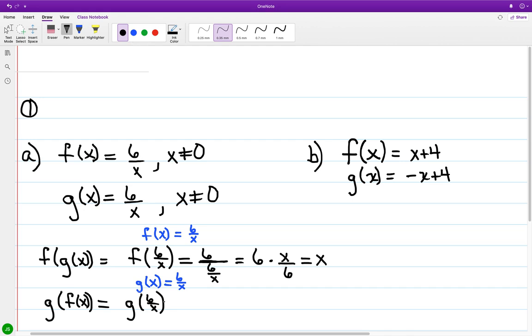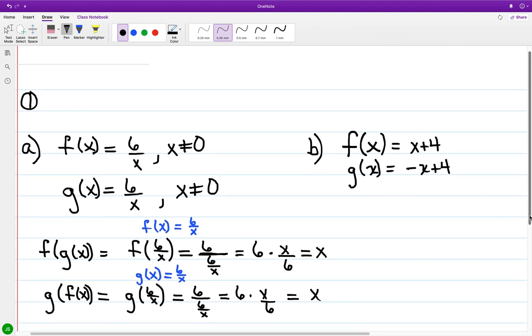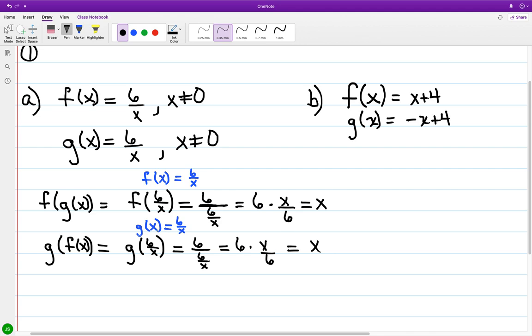With the input at 6 over x, you have the same bit of history to repeat, so you have 6 all over 6 over x. And this turns out to be the same problem all over again. So you have x, and since the compositions both end up being x, it follows that f and g are inverses of each other in part A.